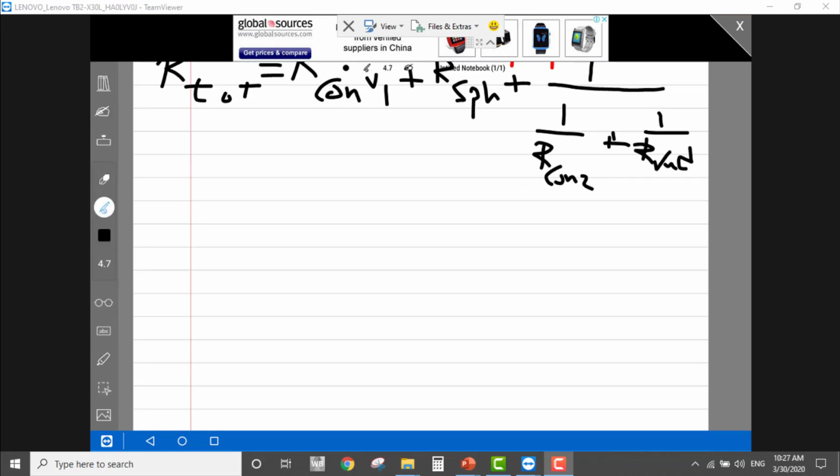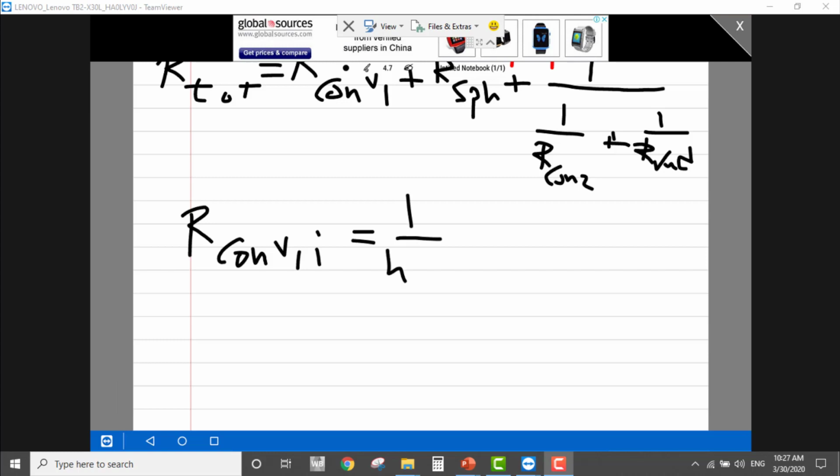Now, let us start with the inner convection. R convection 1 equals 1 over H1 area 1. This equals 1 over H1, from the statement of this problem, 80 watt per meter squared Kelvin, multiplied by area 1.